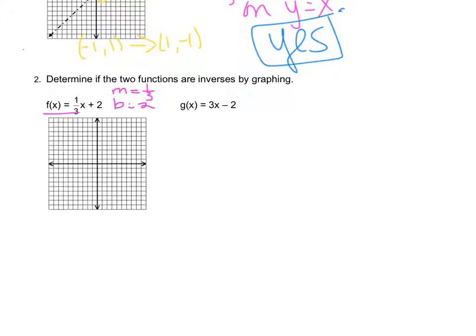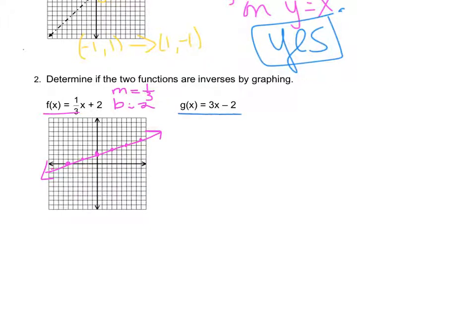So it's crossing at 2 on the y-axis. And then we're going up 1, right 3. Up 1, right 3. I'm going to continue that throughout the graph as far as I can go, and then back down. Down 1, left 3. So there's that one.